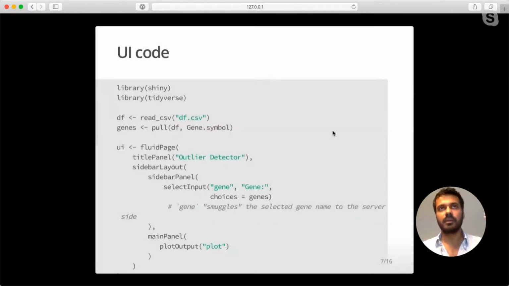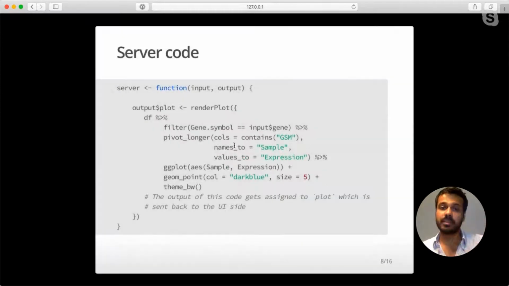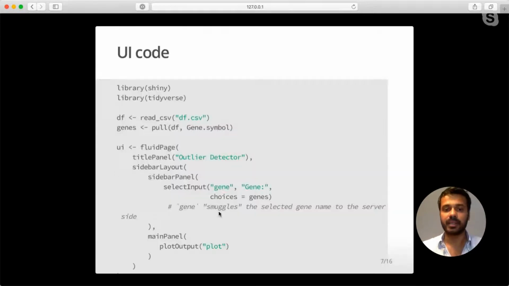The logical flow is the user makes a choice, here in this drop-down menu. This choice is recorded by the app as gene. The app sends this information to the server side via input$gene. Something happens; in this case, that something is making a ggplot. The result of that gets assigned to an object called plot, and that gets sent back to the UI side over here, so that we get a plot.